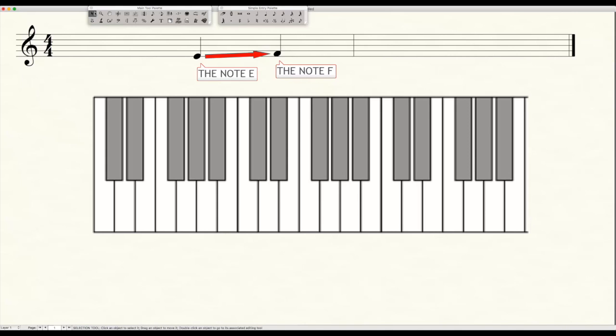But if we look down at our keyboard, here's E and here's F. You'll notice there is no note in between E and F. So these two notes are adjacent. You cannot fit another note between them. That means that that is a half step. So E to F is a half step.